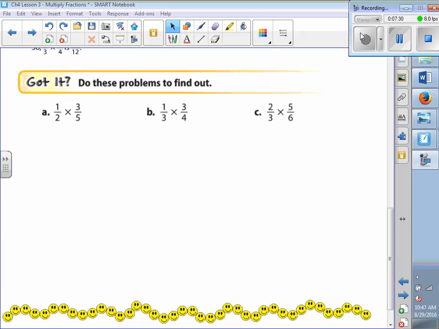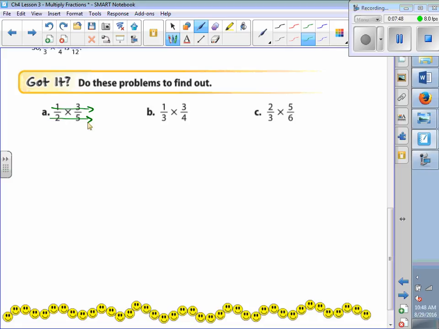All right, so we have 1/2 times 3/5. Now, like I said, when we figured out our rule, when we multiply fractions, we multiply straight across. Right?